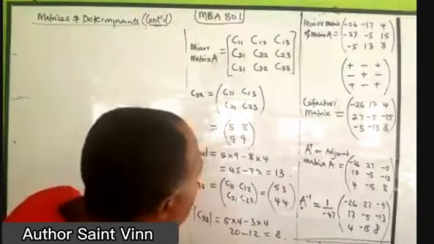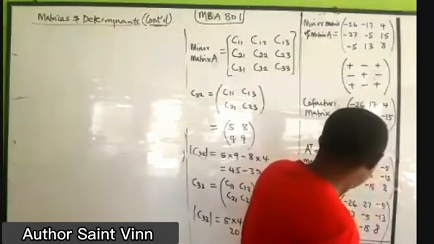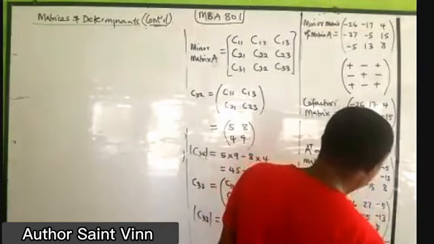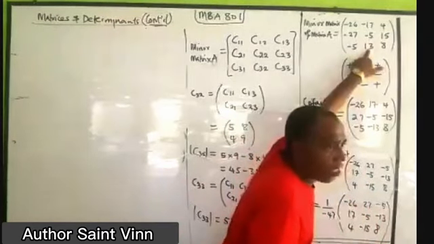Check the minor matrix, the one up. Okay, I'm coming. 13. This is our 13, right? Yes. Transpose.